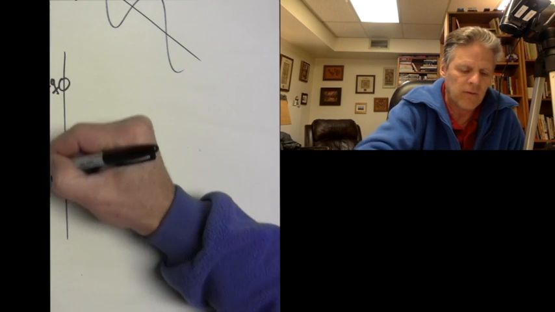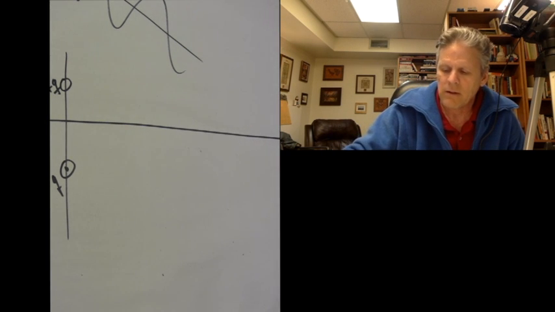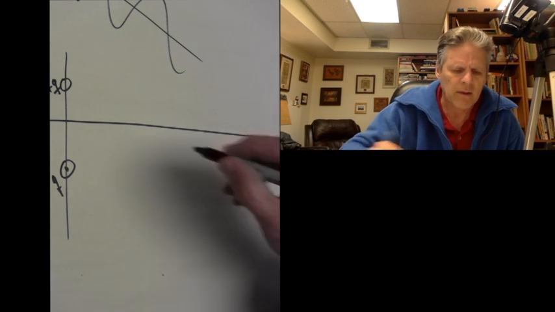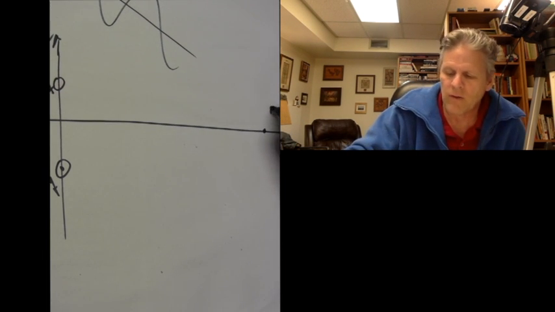Let's say we've got plus q, and we've got minus q, and we know this distance here is d. I'm going to go ahead and draw my x, y, and I want to know at some point p, what is E of p?